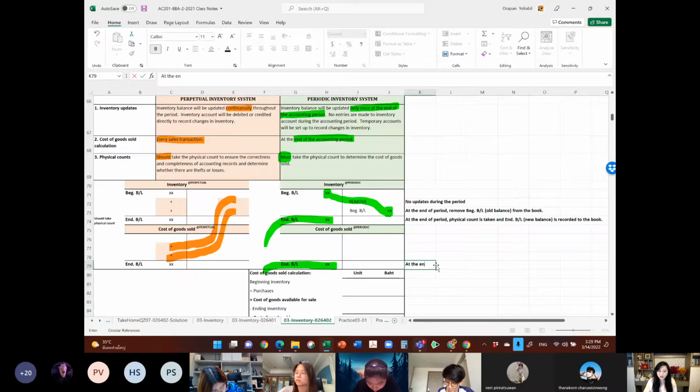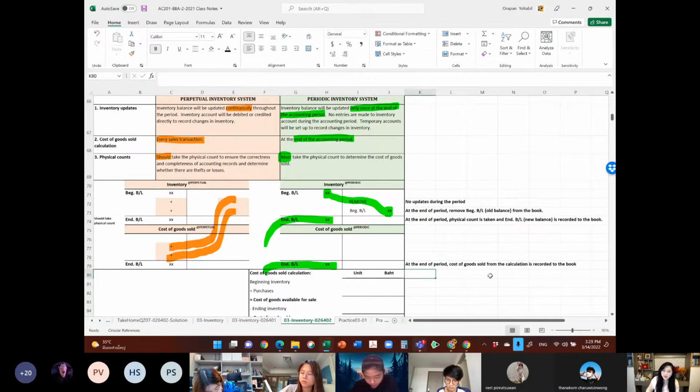Okay, so cost of goods sold, let's say at the end of period, cost of goods sold is recorded to the book. Let's say the cost of goods sold from the calculation. So at the end of the period, the cost of goods sold from the calculation is recorded to the book.